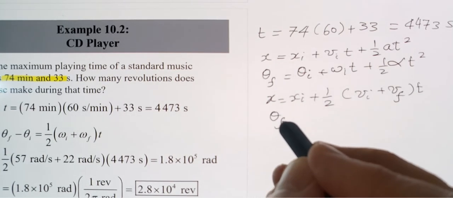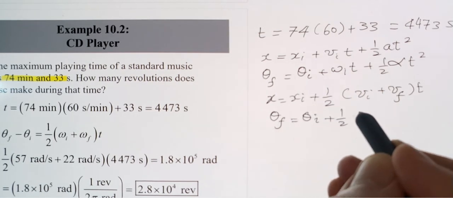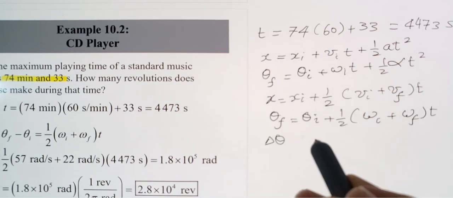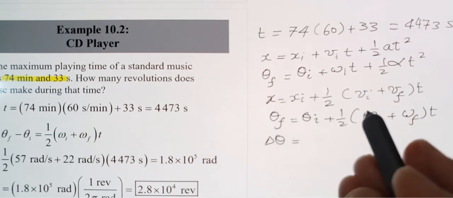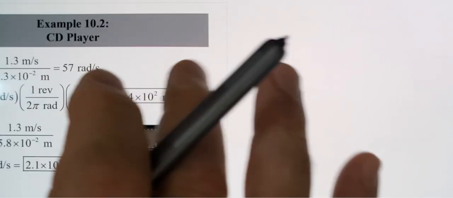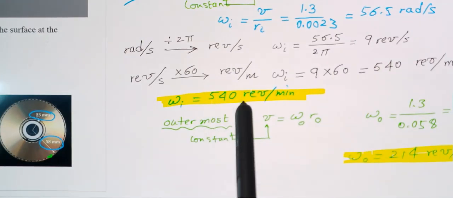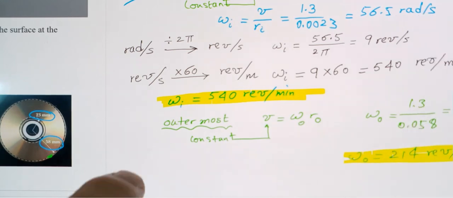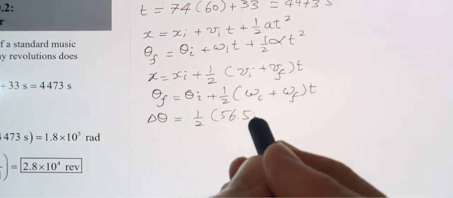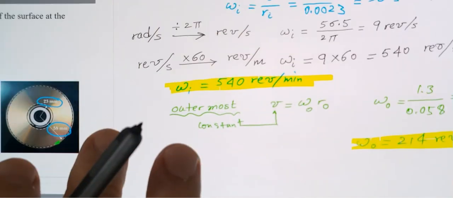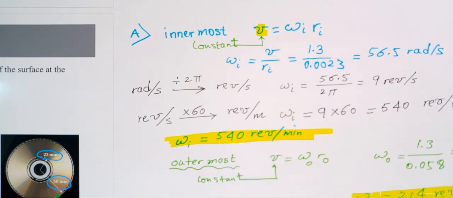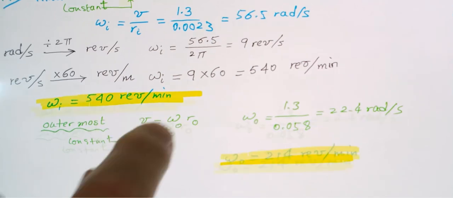So we apply half omega initial plus omega final multiplied by t, so the total angular displacement is half times omega initial, or omega for the inner part, which is 56.5 radian per second, plus the final when we go to the outermost, which is 22.4 radian per second.